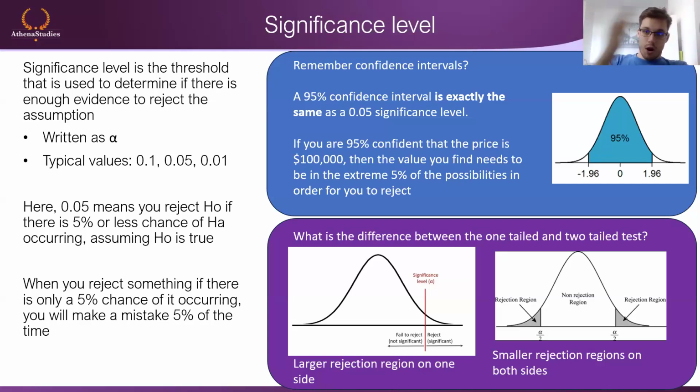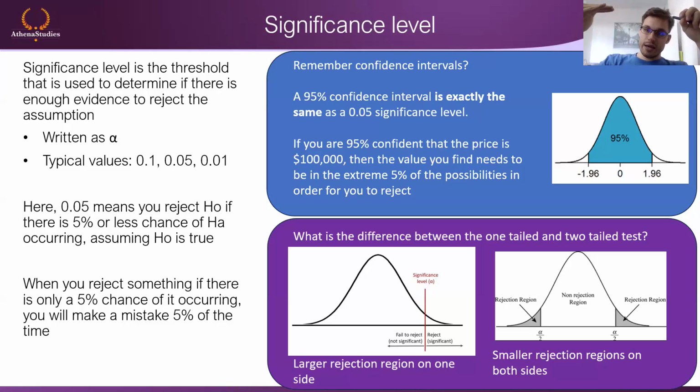So given our test, if we say we only need 95%. Wait, let me just backtrack here for a second. I need to explain something. In hypothesis testing, significance levels will be decided to reject the null hypothesis.